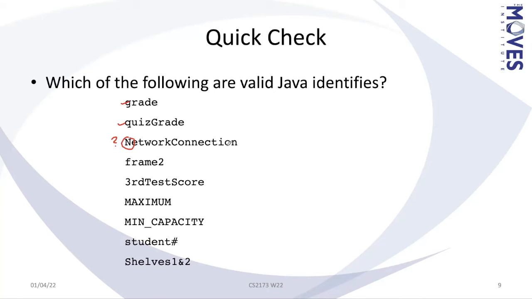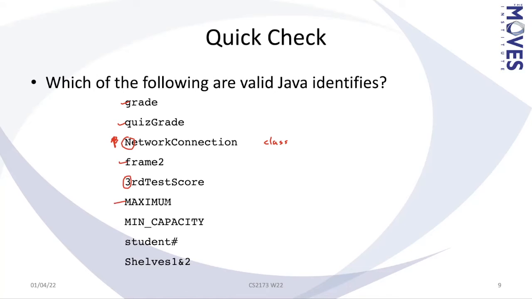So this is technically valid, but I'll complain if I see something like that, if used as a variable. However, if that's used as the name of a class, then it follows the convention. Okay, frame 2, that's fine. Now here, this is a problem because you're not allowed to start with a number.